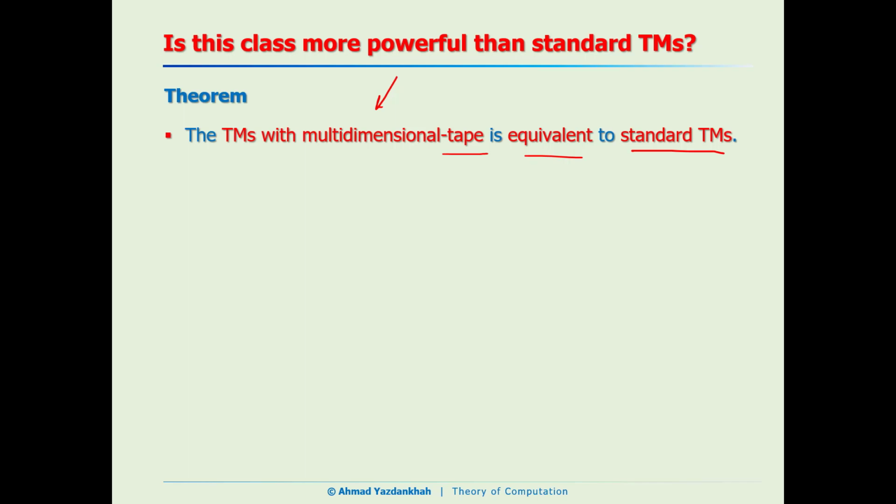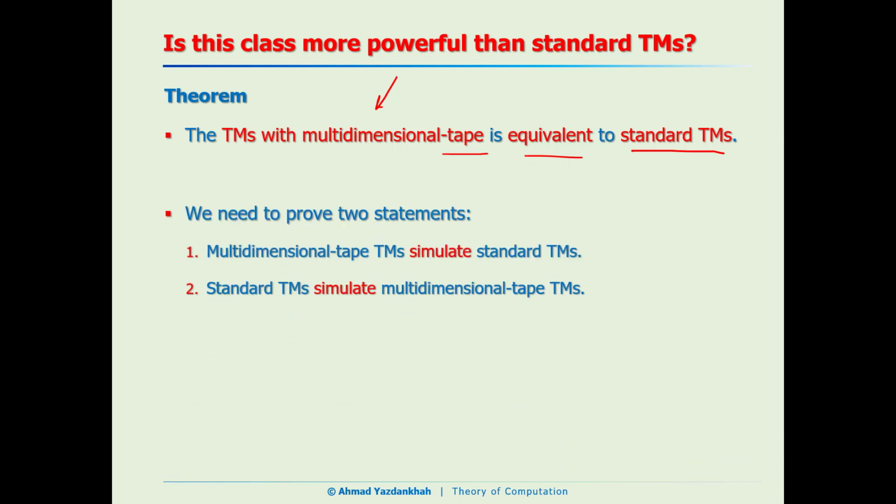Okay, so in fact, we need to prove two things: multidimensional tape machines simulate standard Turing machines, and the other way around, standard Turing machines simulate multidimensional tape Turing machines.